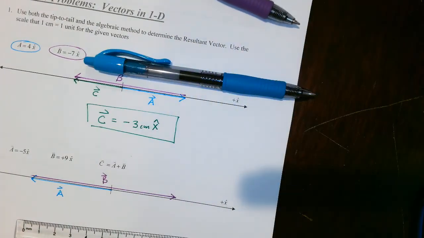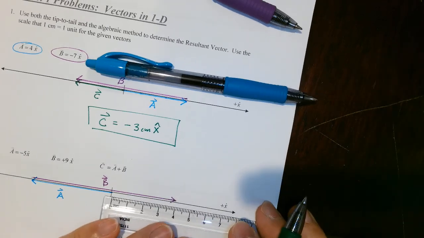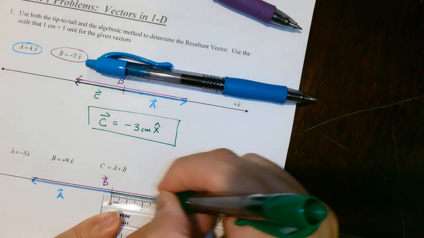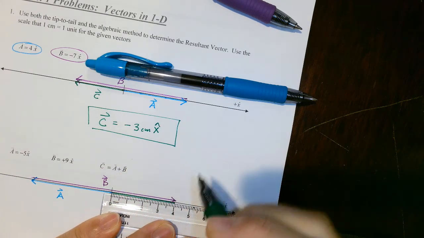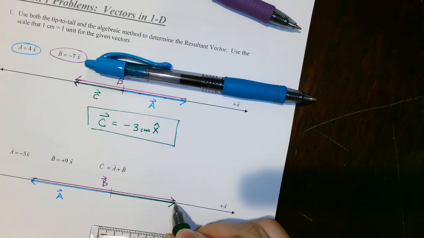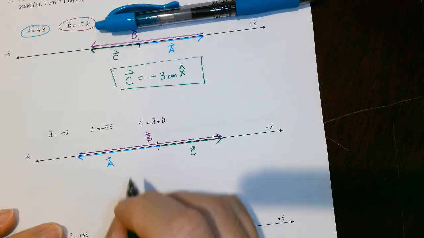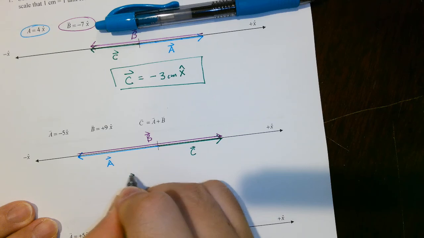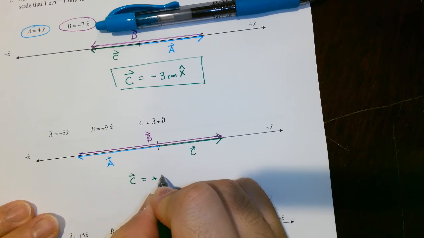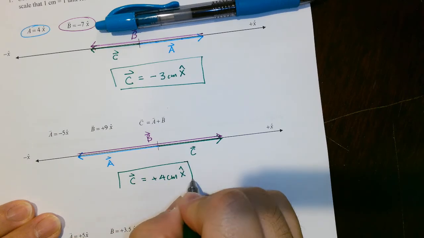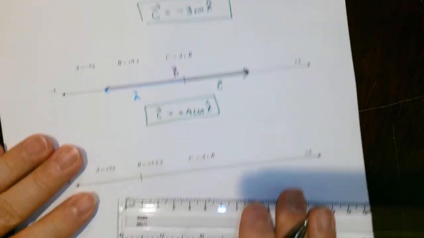So my C vector is from the tail of A to the tip of my B, and that is positive 4 centimeters x hat. Boom.